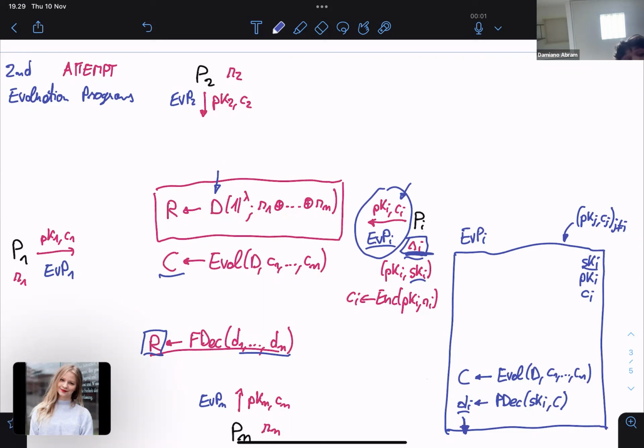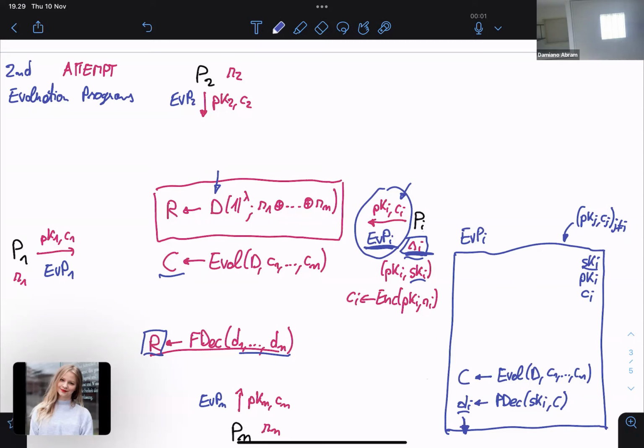And semantic security holds as long as the secret key SKI is not leaked, or we leak no information about it. And here, actually, this is not the case because the secret key is hard-coded in EVPI. One can say, okay, the program is obfuscated, so there is no way to reconstruct SKI. But we need to argue this formally.